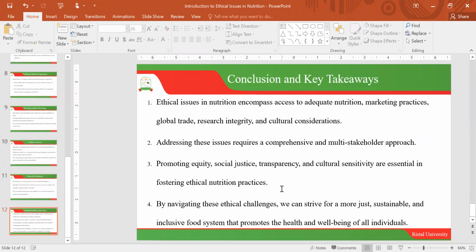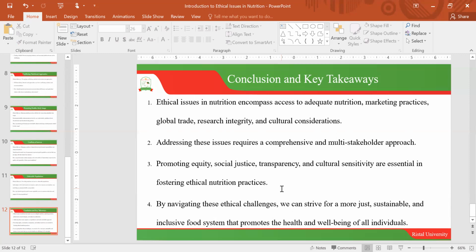So the last slide is basically providing the key takeaways for this presentation. In nutrition practice, you are encountering a lot of issues that require you to make decisions.